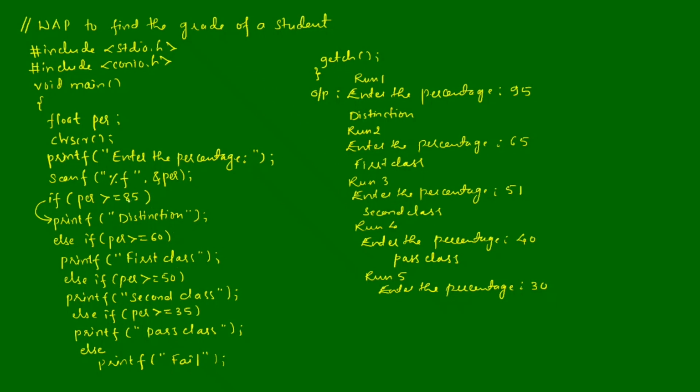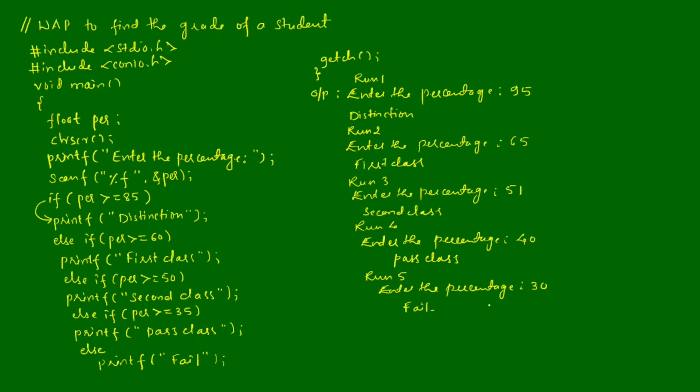So all of these conditions are returning false. If out of several alternatives available all the conditions are returning false, then at least the else part, the default statement, will get executed. So here it is going to print fail.